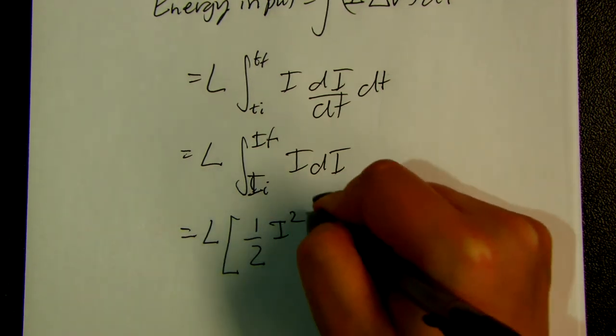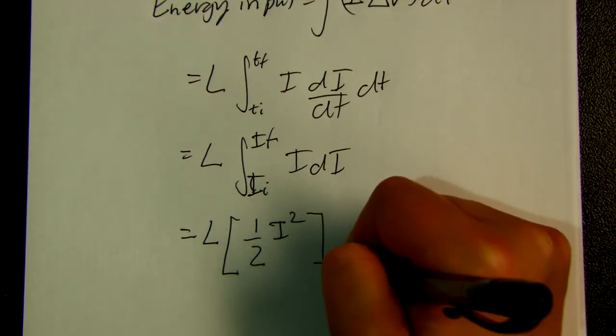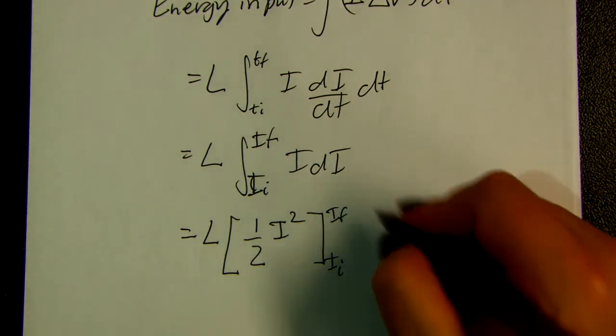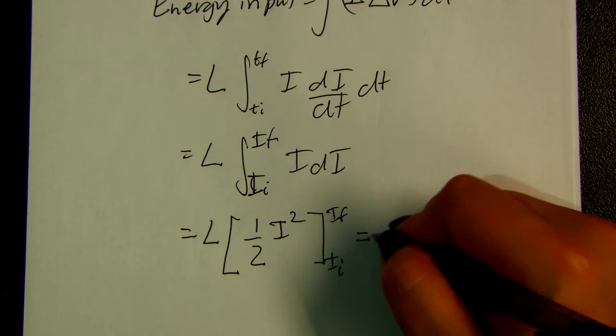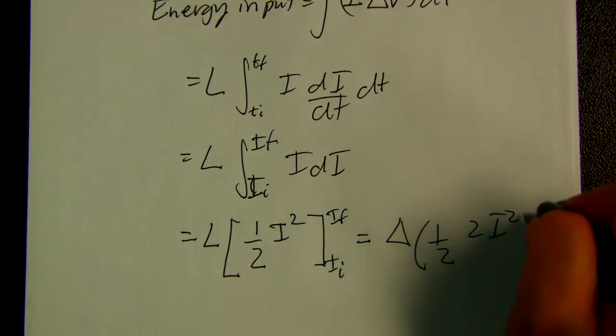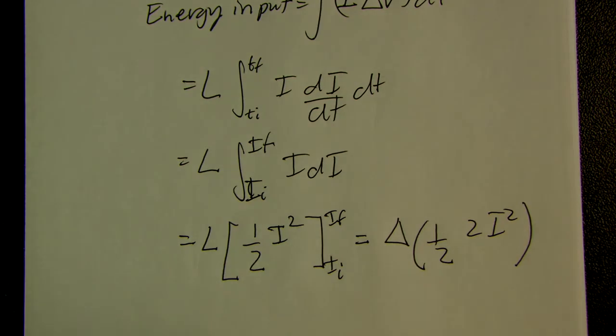No, general class, I do not expect you to know how to do this, but I do expect you to accept the result, which is 1/2 L delta I squared.